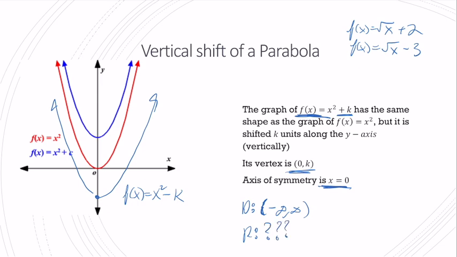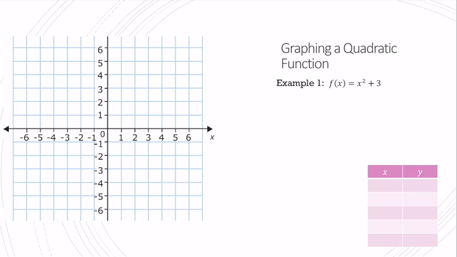So let's practice graphing some of these. What I always recommend doing is envisioning the shift of our graph. Okay, this has been shifted up 3. And that helps me figure out that I'm still going to have the same axis of symmetry. So here I'm going to pick some of our standard x values.